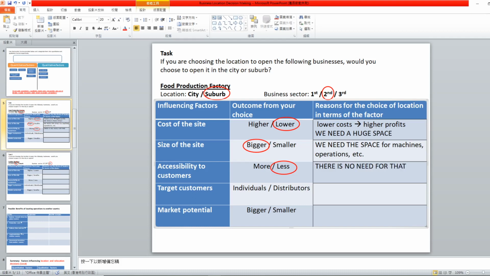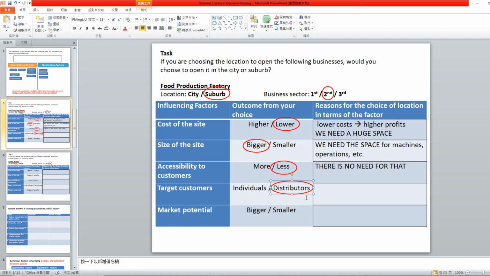Because you are going to send it to different distributors, so you don't really have a direct customer. With that being said, you can go to the fourth row. Just like what I said, usually when you are a factory, you are not going to sell your goods to individuals.